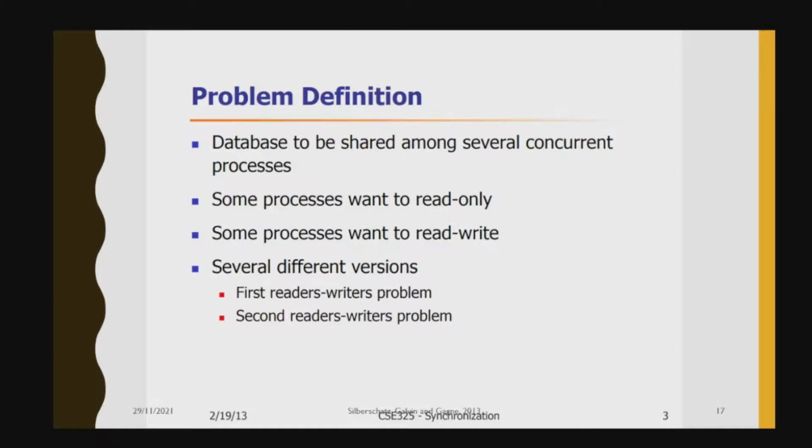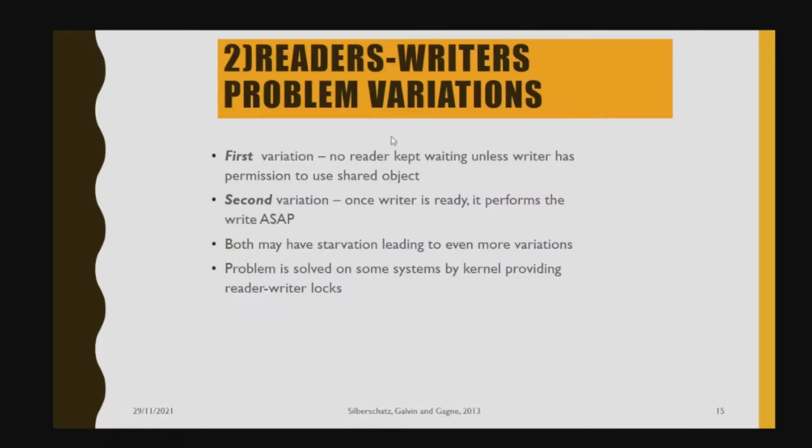I mentioned before, we have the data, and that data is accessible to multiple processes. Some processes want only to read, and some other processes want to read and write. So there are several different versions. We have the first readers-writers problem, and the second readers-writers problem. These are the versions, and they refer to this variation.